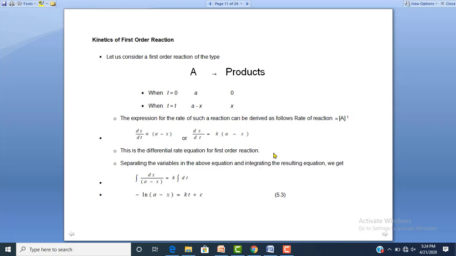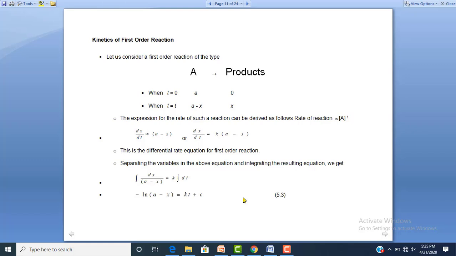So, we will integrate it by separating the variables. When we applied integration rules to this equation, this is the sign of integration into dx over a minus x. This a minus x was on the right hand side of this equation. When we separated the variable, the equation became dx over a minus x is equal to k into integral of dt.